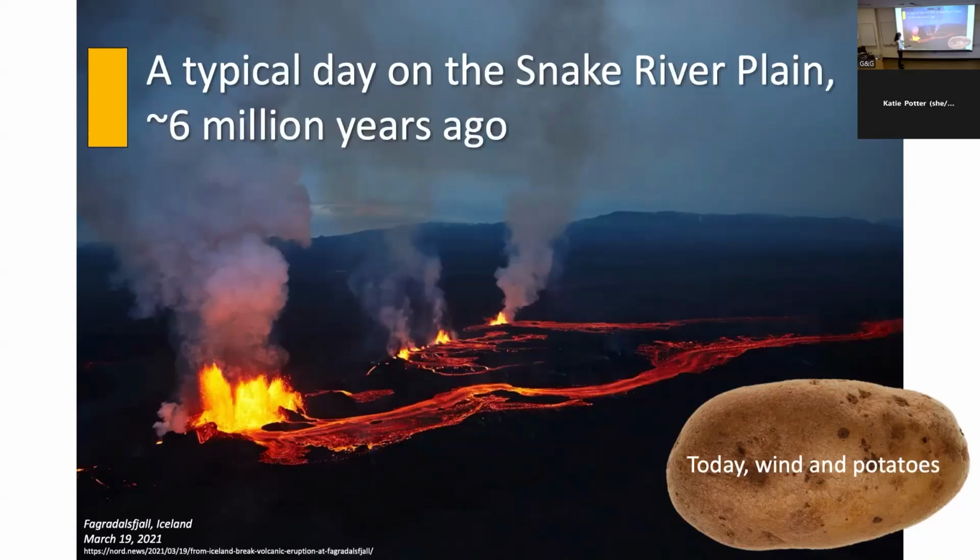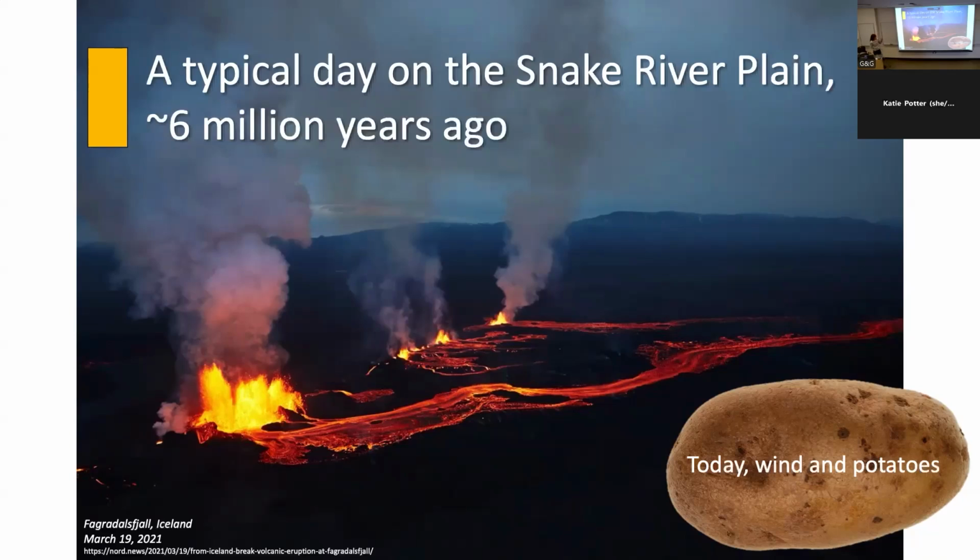See these Hawaiian-style lava flows coming out of shield volcanoes. It's much more hospitable. And this is actually a product not of direct plume magmatism, but the high heat flow left over from that plume magmatism and the erosion of continental crust in response to plume impingement as that plate is moving over the top.